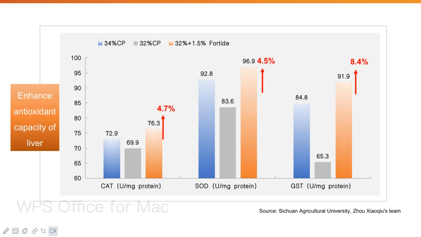And the activity of antioxidant enzymes in the liver, such as CAT, SOD, and GST, also significantly increased. The above results show that Fortide can significantly improve the antioxidant capacity of the liver and alleviate the influence of bad factors on the liver.